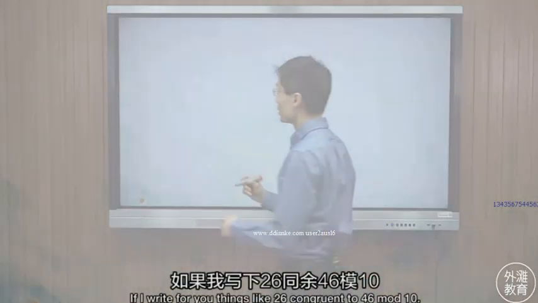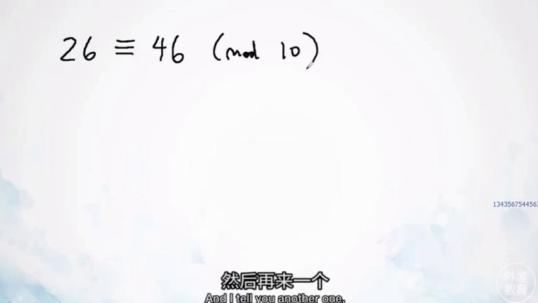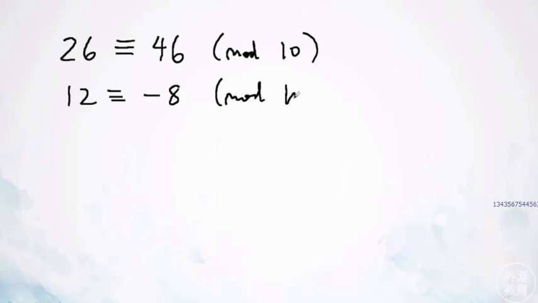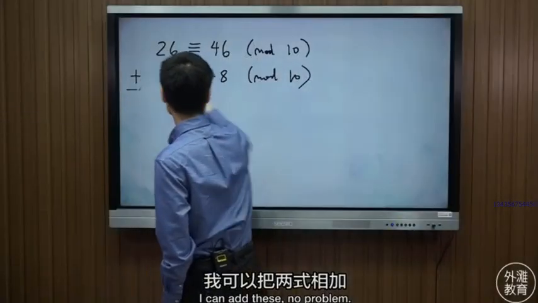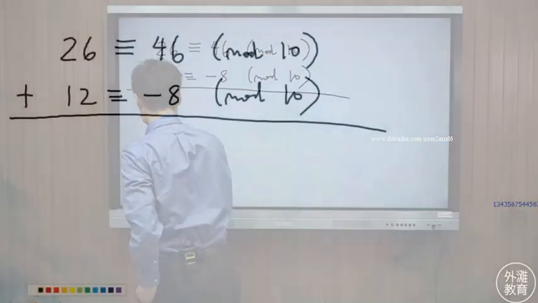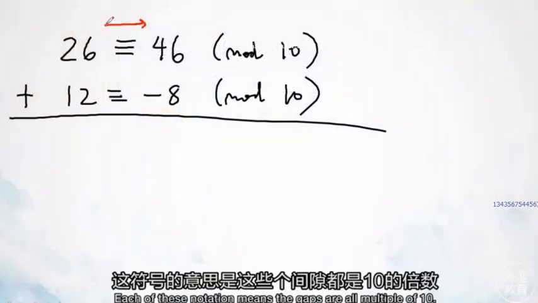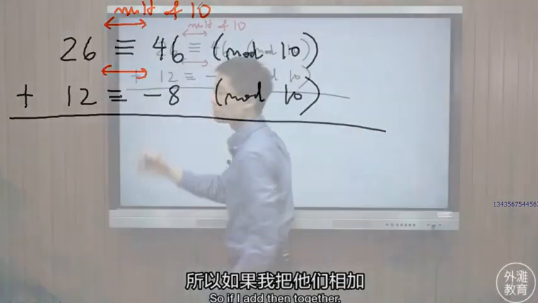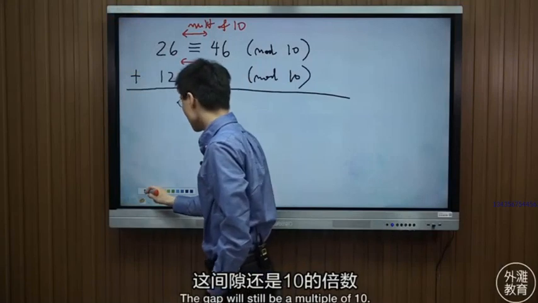If I write for you things like 26 congruent to 46 mod 10, and I tell you another one, which is something like 12 congruent to minus 8 mod 10, I can add these, no problem. The reason I can add these is because each of these notations means that the gaps are all multiples of 10. And so if I add them together, the gap will still be a multiple of 10.